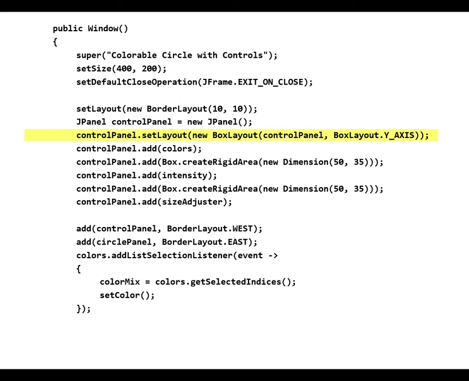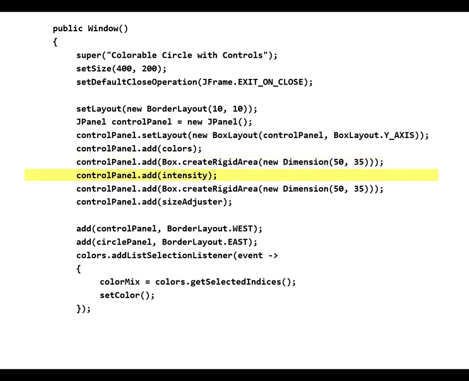It is useful for arranging components either horizontally or vertically. The second parameter, BoxLayout.Y_AXIS, specifies that we desire a vertical layout. First we add the list colors, then a createRigidArea is added to create some vertical separation between components.